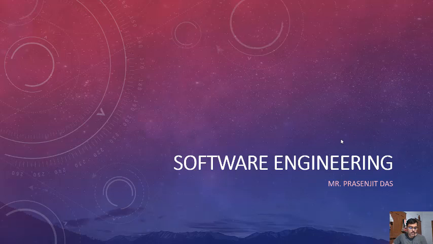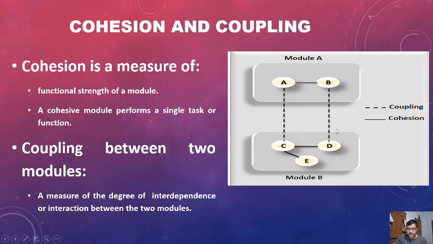Okay, today we will learn the cohesion and coupling of software design, of software decomposing the module in the high level design. Cohesion is a measure of functional strength of a module, and a cohesive module performs a single task or function.